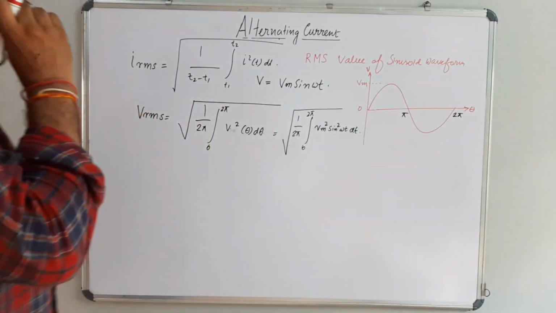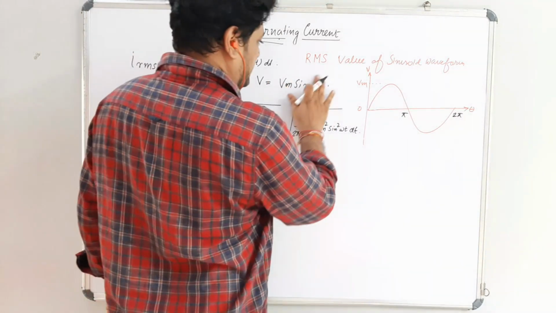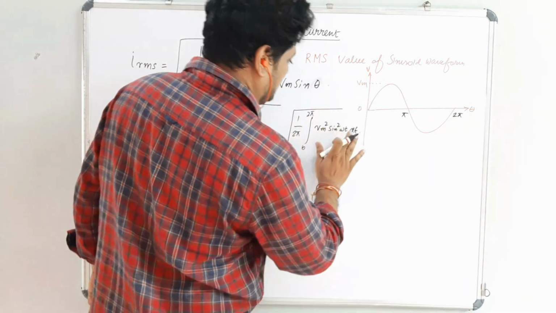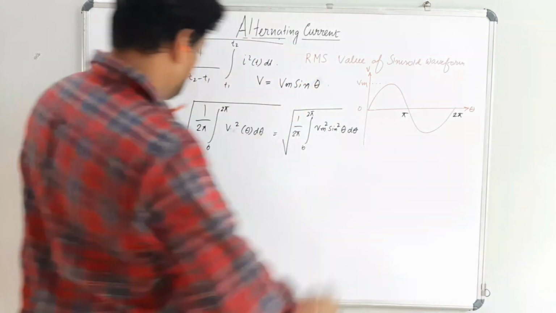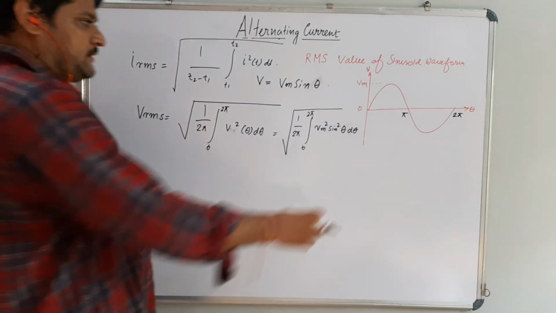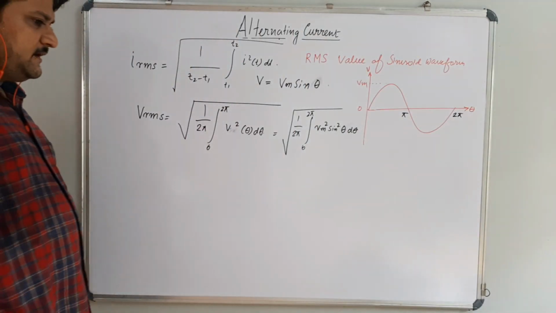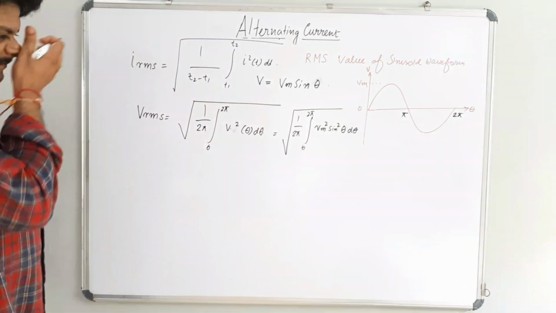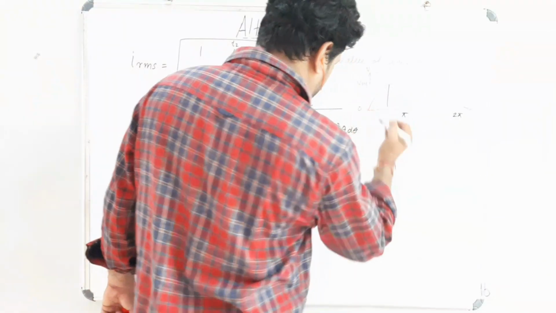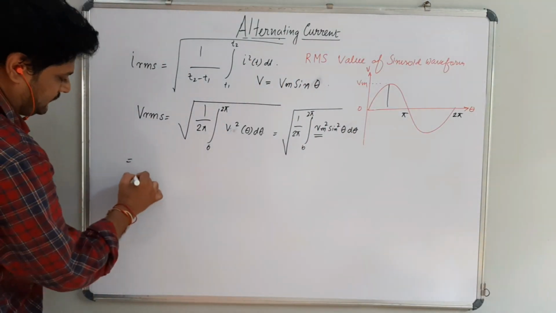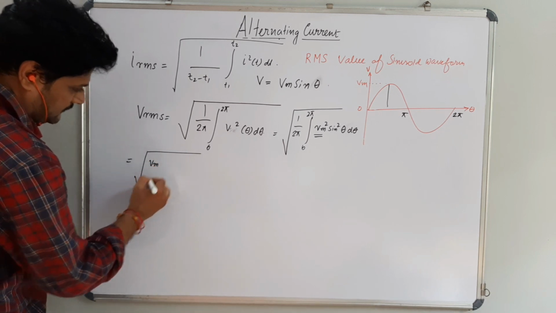If it is a function of t, then you can take theta: Vm square sine square theta d theta. Here you can see that Vm is a constant value, so in the second line Vm is outside the bracket.